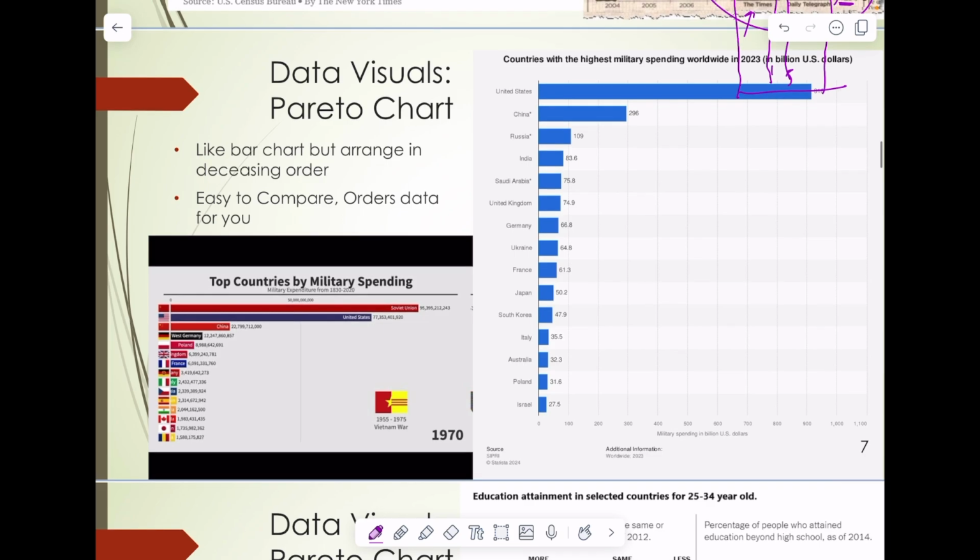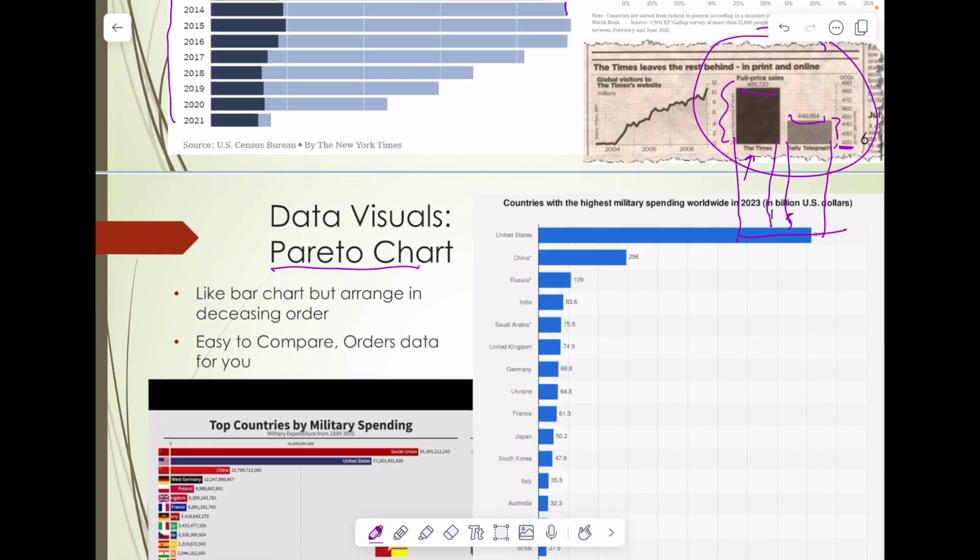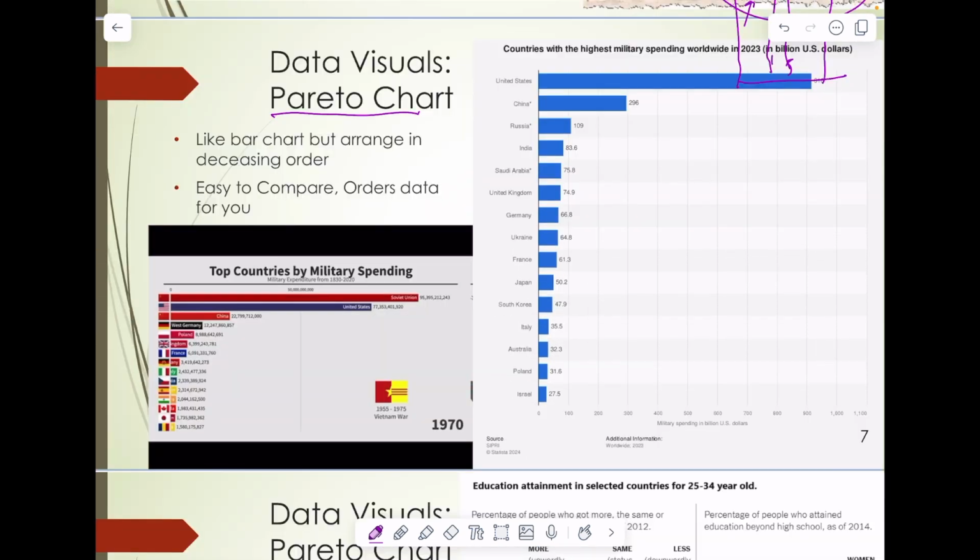Another chart that is related to a bar chart is called a Pareto chart. So on a bar chart, if I may just pop back up here, these are organized by category, and you don't really take into account the size of the bars. A Pareto chart is organized according to quantity or proportion.